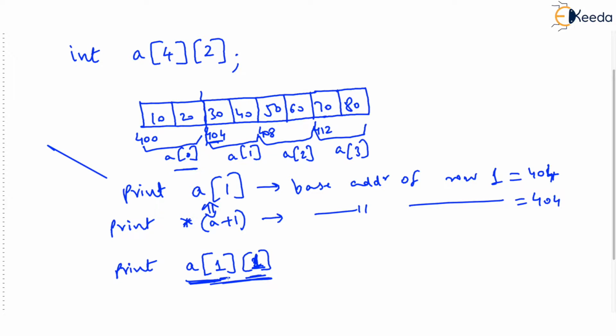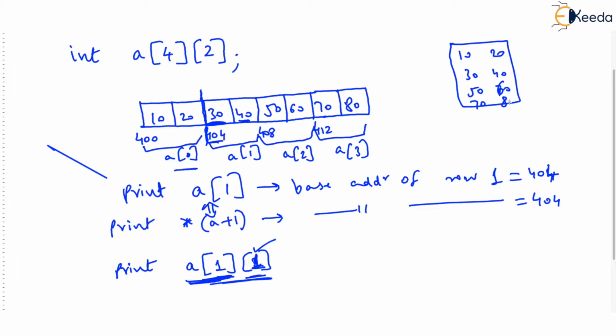So A11 means, first of all, we will have to look into row 1, and row 1 starts at 404, okay? From this element which I am marking, and in that I want the first column. Now the first column is indeed storing 40, because you all know that this matrix was shown as 10, 20, 30, 40, 50, 60 and 70, 80.